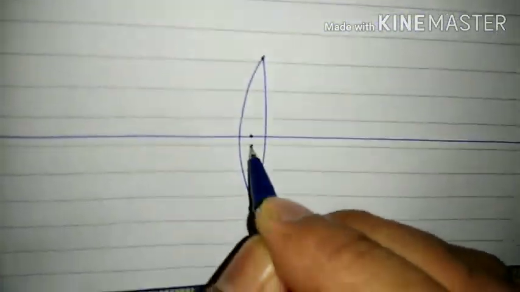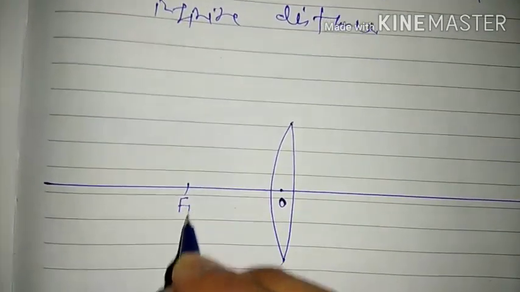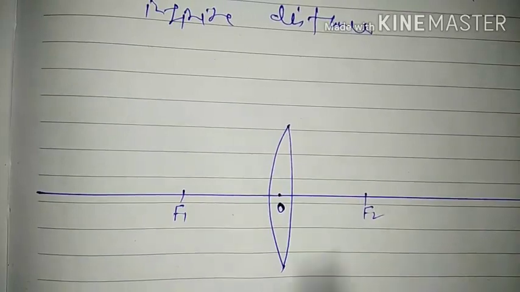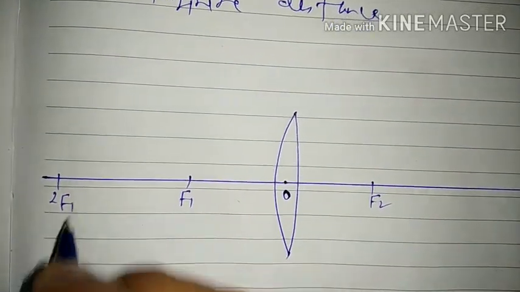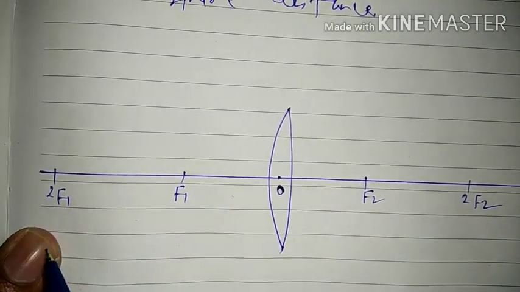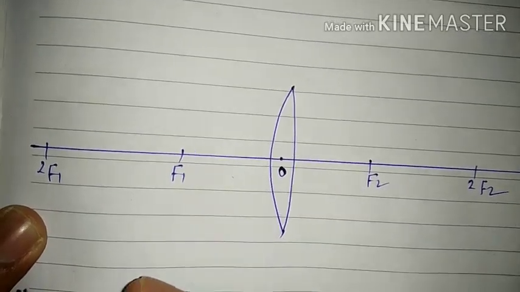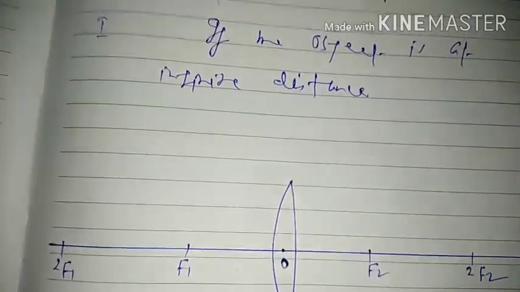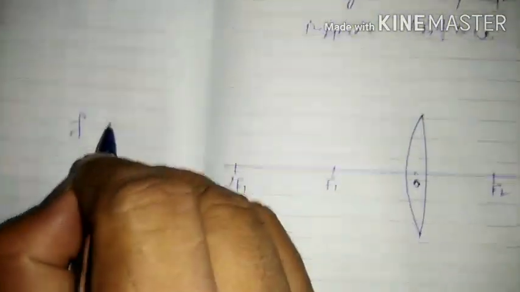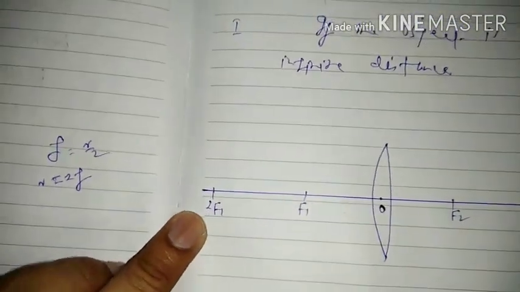This is optical center. This is our focus F1, F2 and 2F1, 2F2. Why? For C, we can write 2F because we know that F is equal to R by 2 or R is equal to 2F. So this F plus F, 2F, that is center of curvature.